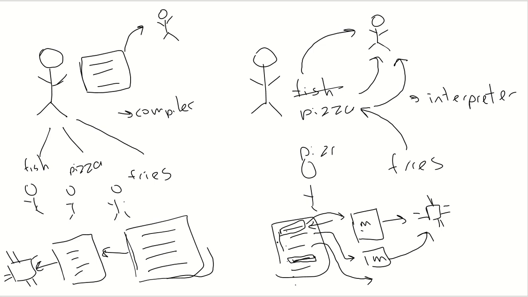So if there's an output on these lines, it will give the output. Whatever you ask it to do here, it will do it, and then it will stop here. So you know which line has the bug or the error. But the disadvantage of this is it will take a longer time compared to compiler.